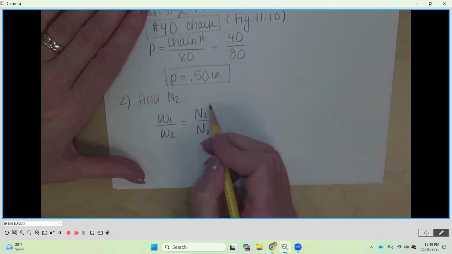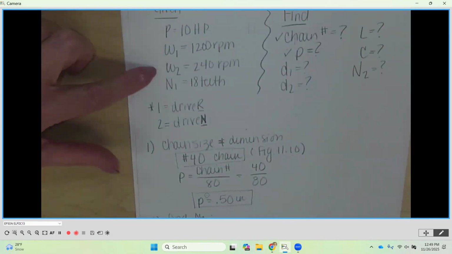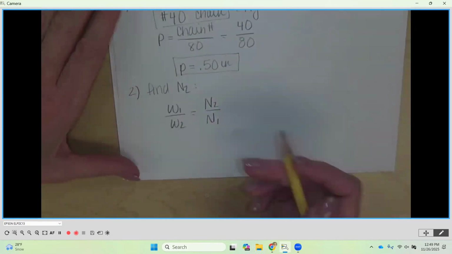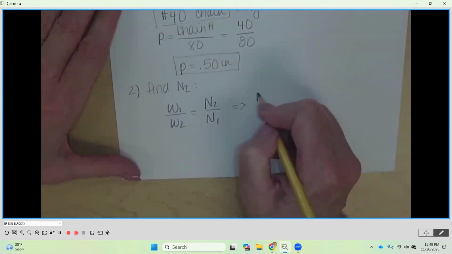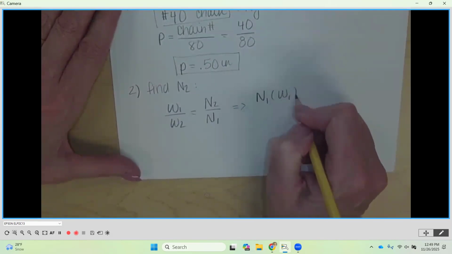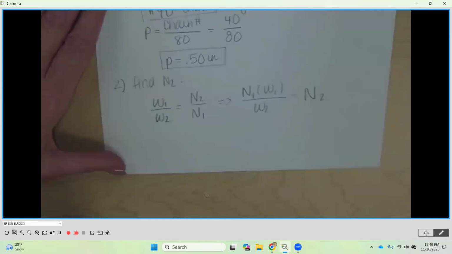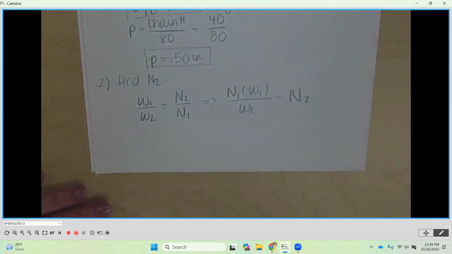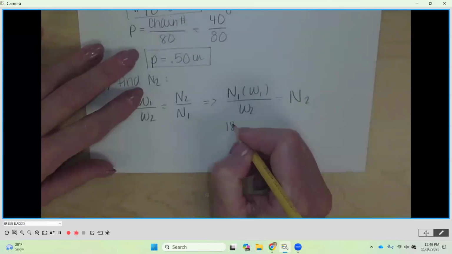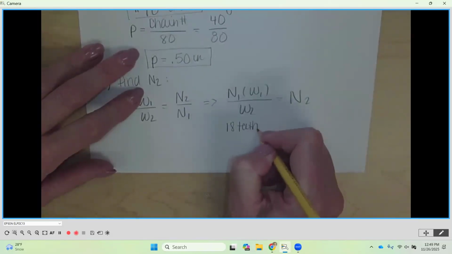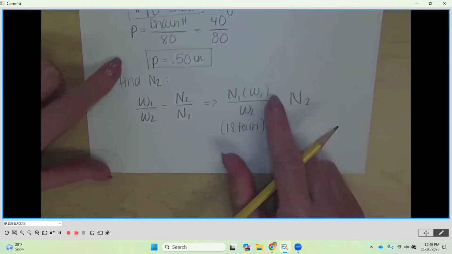Now, we need to solve for N2. That's our unknown because we know W1, W2, and N1. So we're just going to simply multiply N1 up. This is going to be N1 times W1 divided by W2 is going to be our N2. Just algebra. So now I have 18 teeth. I can keep these in RPMs because it's just a ratio here.